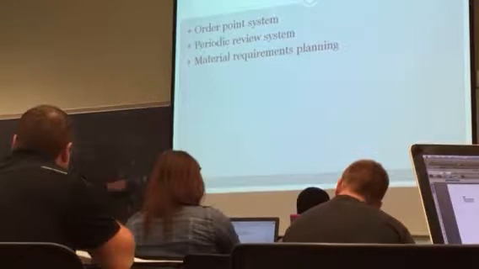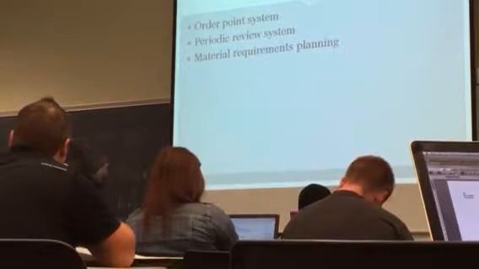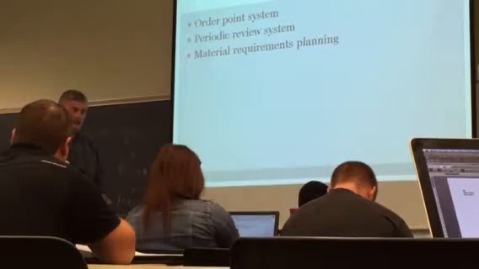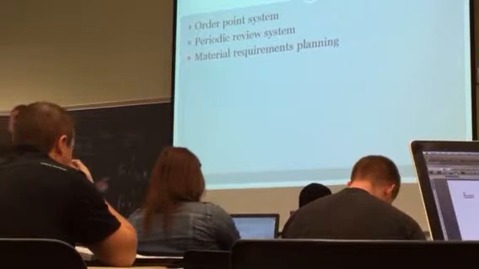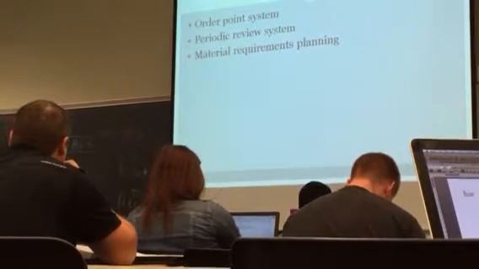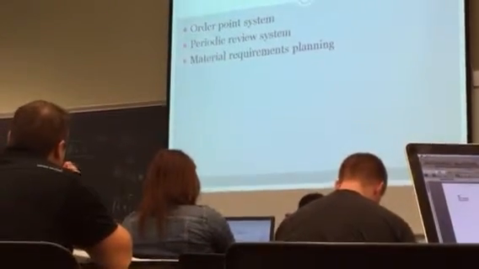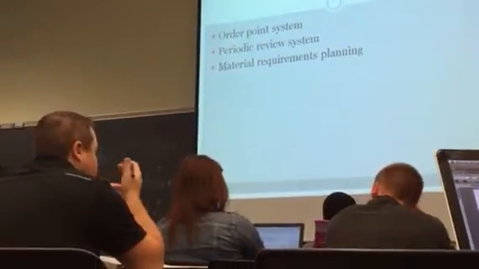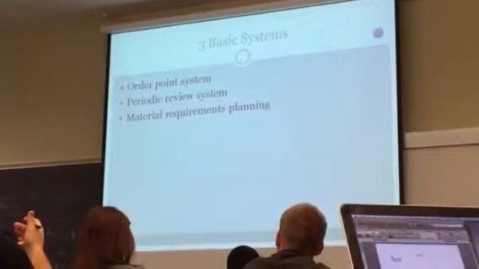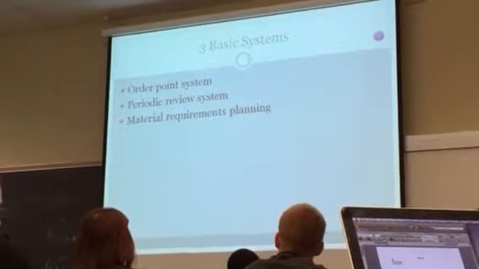The order quantity is going to change, because typically to qualify for the discount, you have to commit to a quantity. The question is, is the quantity greater than or less than the EOQ? Therefore, is it economical for you to take the discount or not, from a dollars and cents perspective? Questions on that?